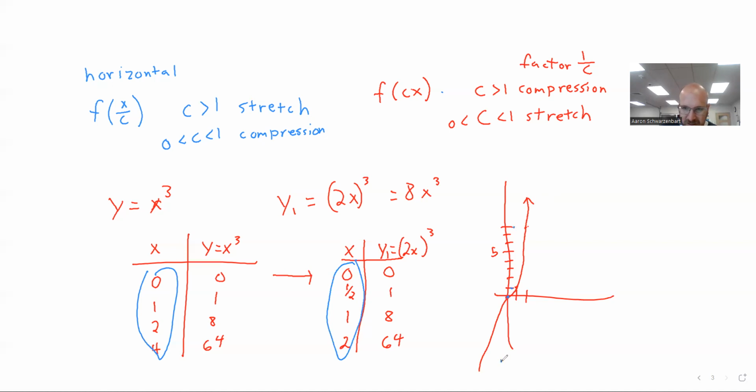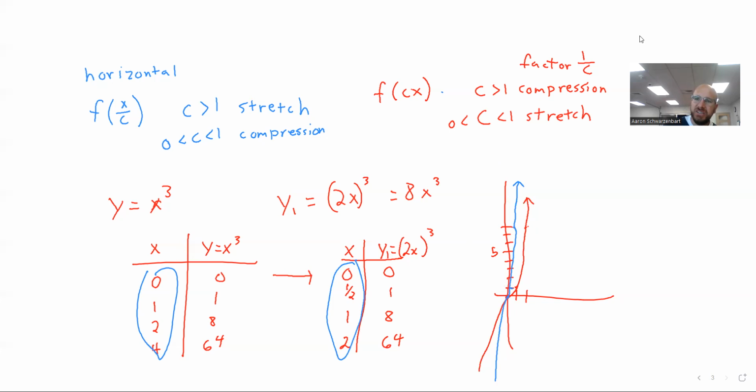It looks a lot tighter. Oops. Not a very good drawing there. Let me try that again. It's so tight you can barely see the inflection on there because I didn't draw it perfect. But that's a horizontal compression. I just pushed each point in half as much.